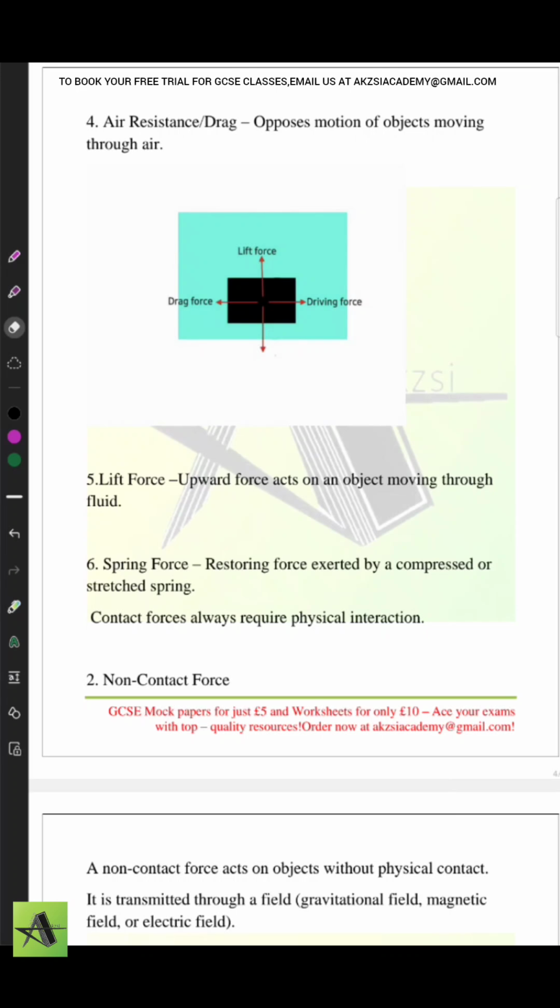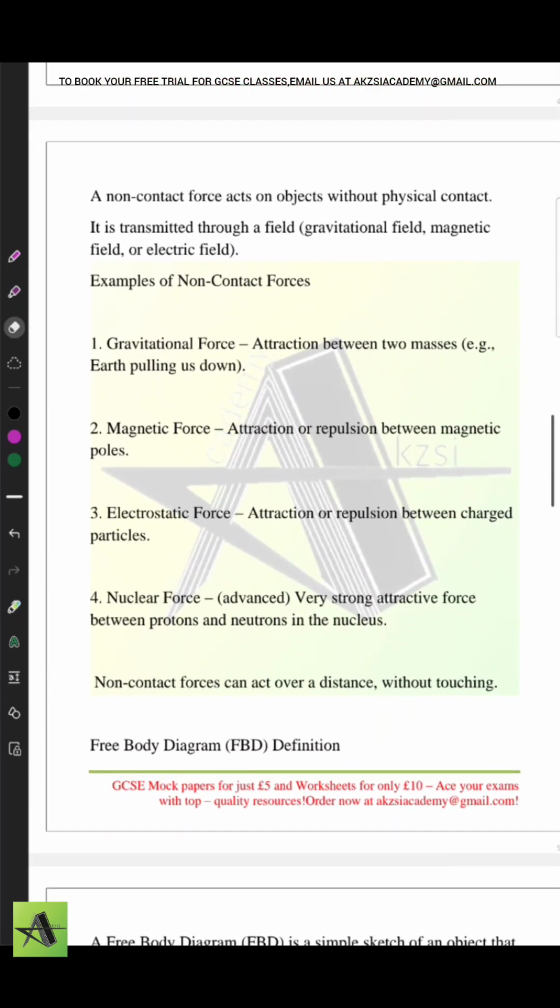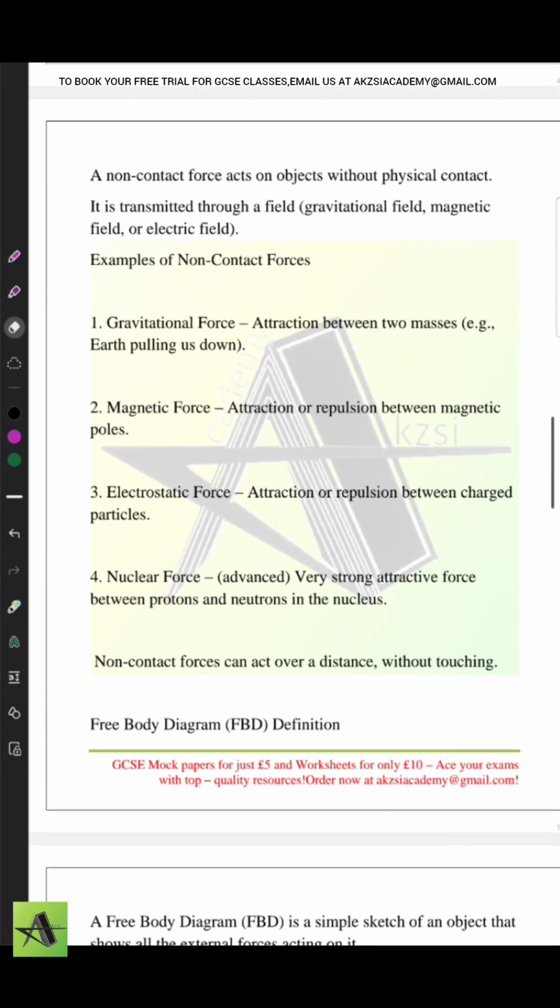Now next is non-contact forces. Now the non-contact forces, that means they don't need any touch or sort of contact. So obviously the very common is the gravitational force that you feel every time, that helps you maintaining yourself on earth, you're not flying up. So it's basically the attraction between the two masses.